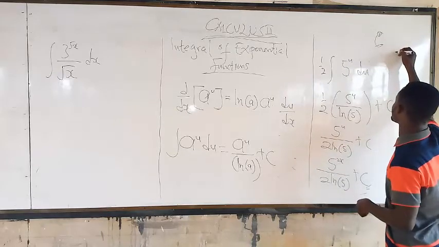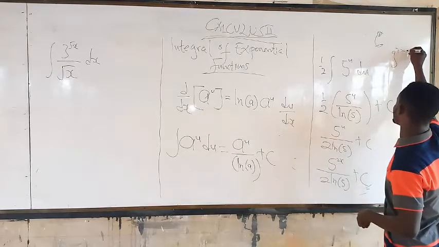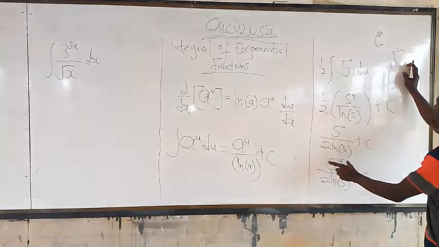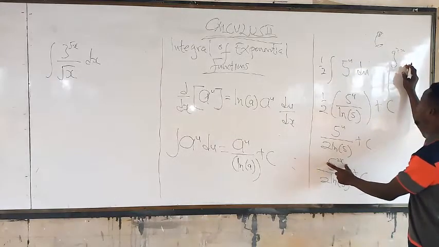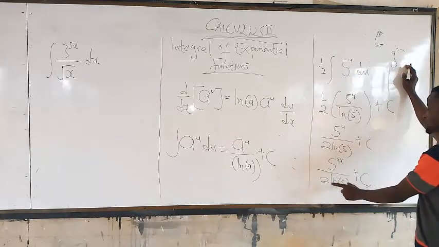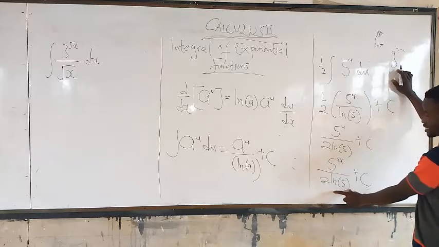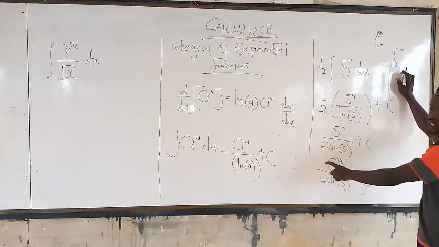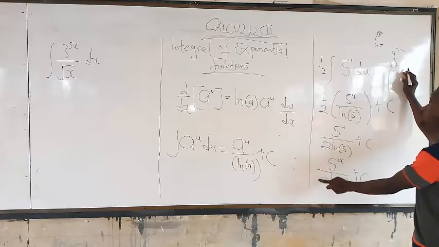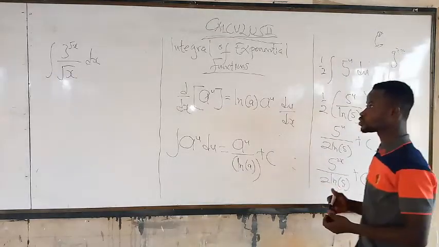So if you have 3 raised to the power 7x, you get the same way. You repeat 3 raised to the power 7x over the ln of what? The 7. But here it's going to be multiplied by 1 over the 7. So don't forget that.